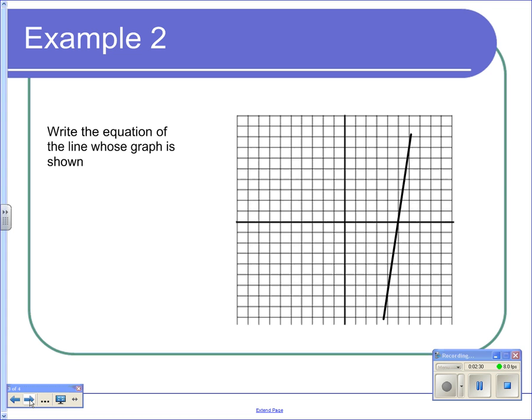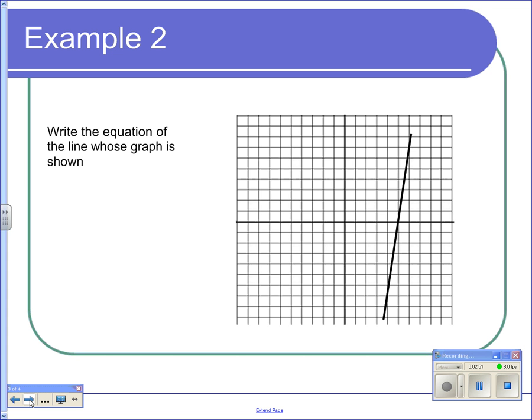Does it cross the y-axis? Eventually. Do we see where it is? But just because we don't see it doesn't mean that it doesn't cross, right? Even though we don't see it, we know that it is going to cross at some point. The only time that it won't cross the y-axis is when? Yes, when it's parallel to the y-axis, when it's a vertical line.